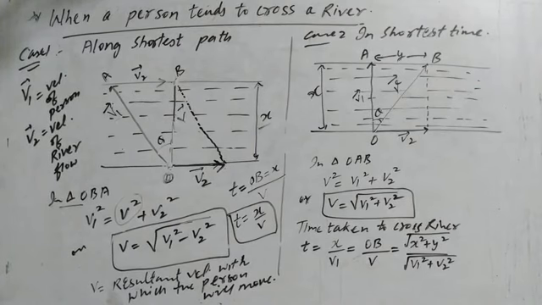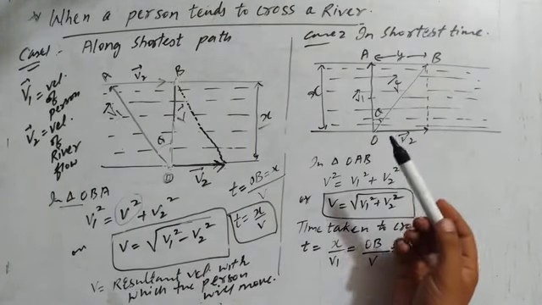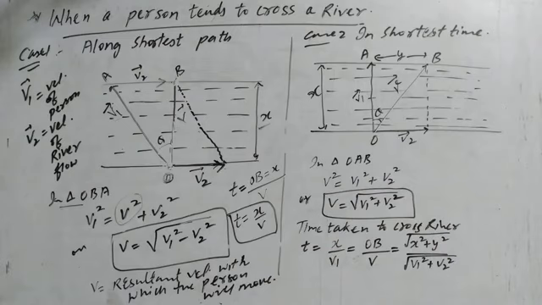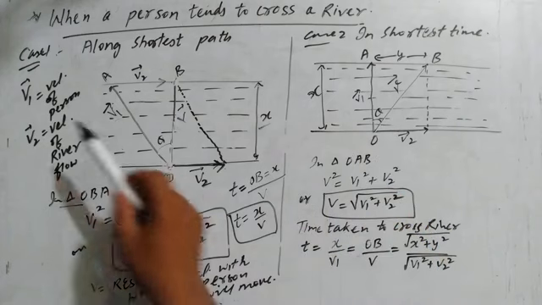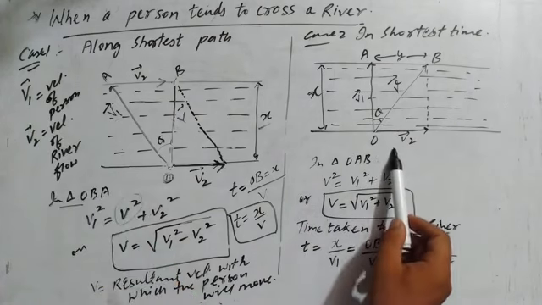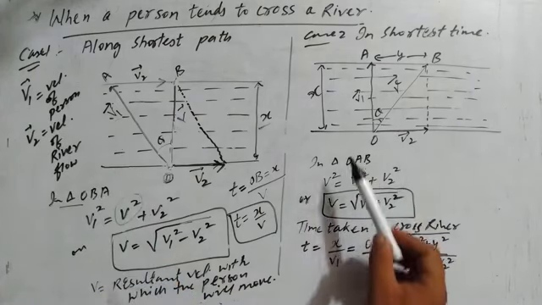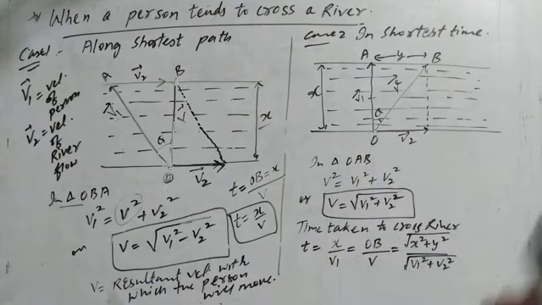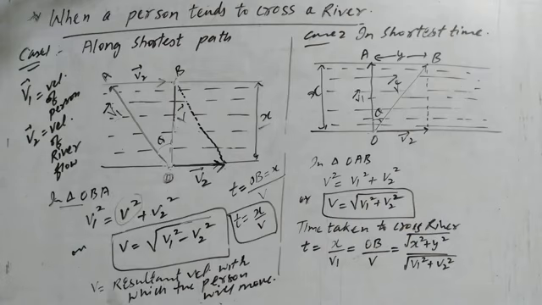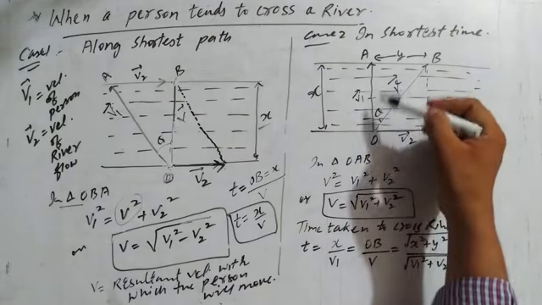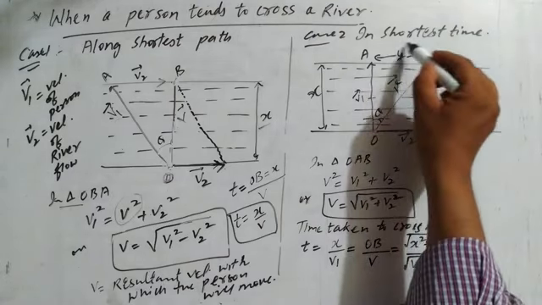Now in the second case, when the person wants to cross this river in the shortest time, again the person is moving with velocity v1 and the river is flowing with velocity v2 from left to right. So in which direction should the person move so that he can cross this river in the shortest time?